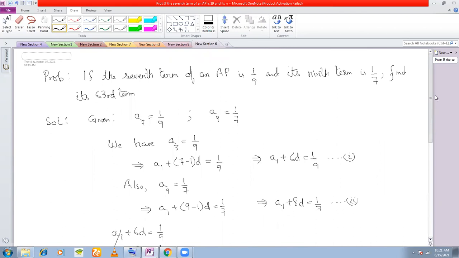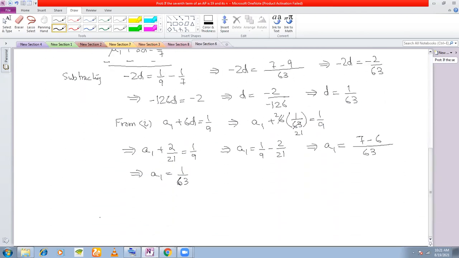The question here was to find the 63rd term. So therefore A63 is equal to A1 plus 63 minus 1 into D. A1 plus 62D. So A1 here is 1 by 63 plus 62.